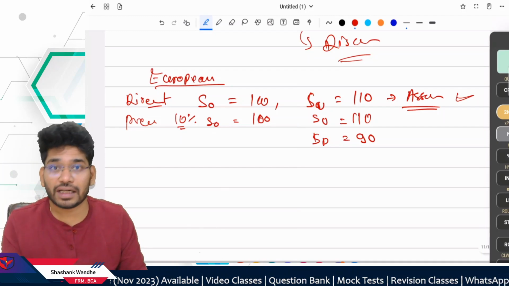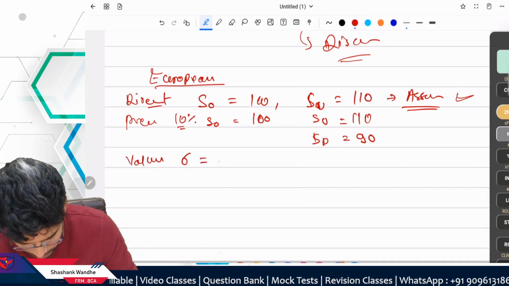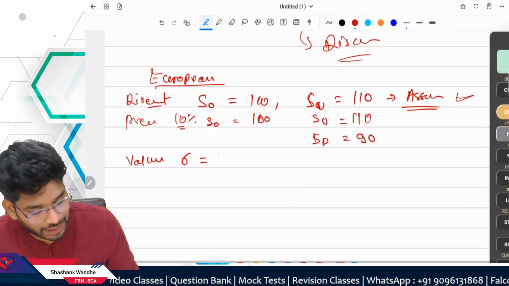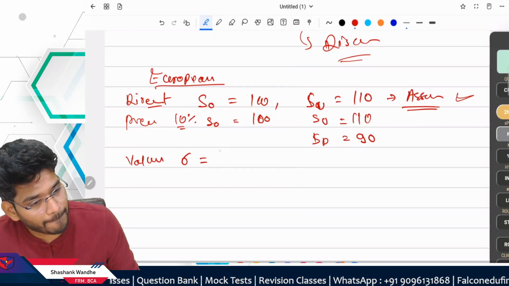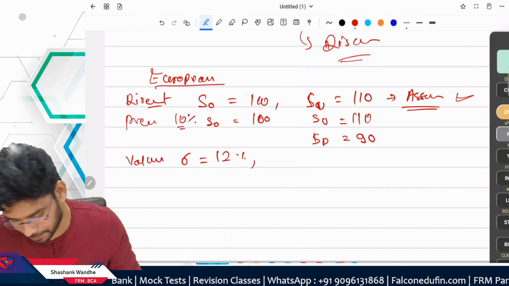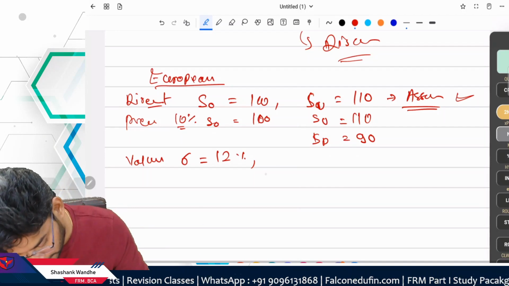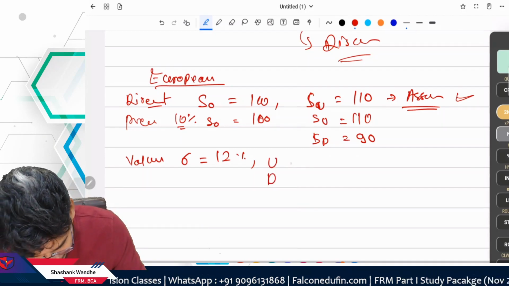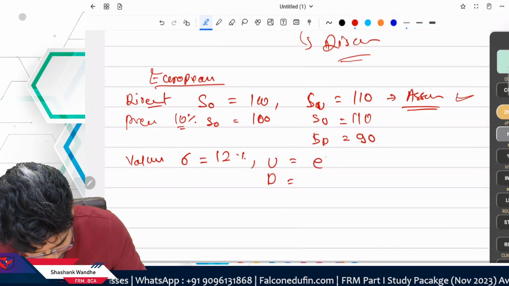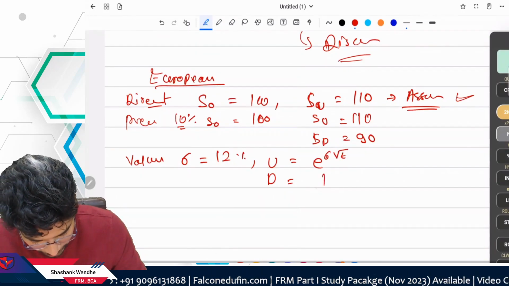Then there is a volatility format which is given in the book. Volatility is provided, sigma is equal to, say, 12%. We have to carefully take the sigma. If we take 12% and we are doing the calculation for a whole year, then our up factor is e to the power sigma root t, and the down factor is 1 divided by u.